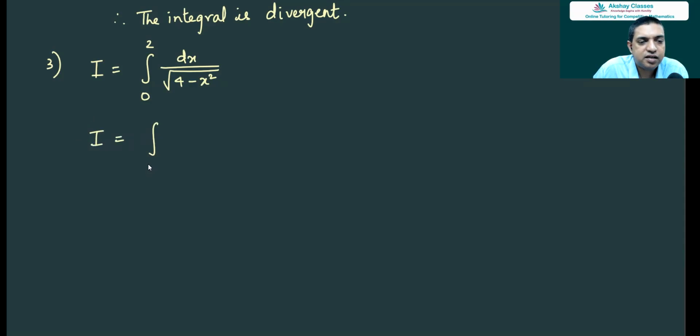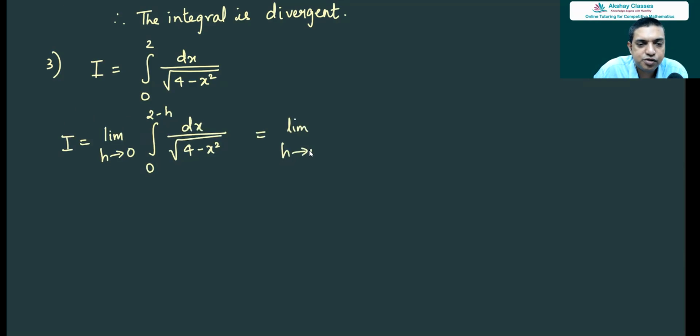We will write it as limit h tending to 0 of integral 0 to 2 minus h dx upon root of 4 minus x square. So this is limit h tending to 0 of sine inverse of x upon 2, applying the limits of integration 0 to 2 minus h.